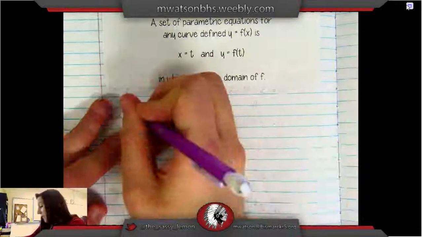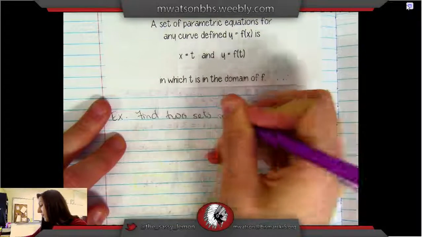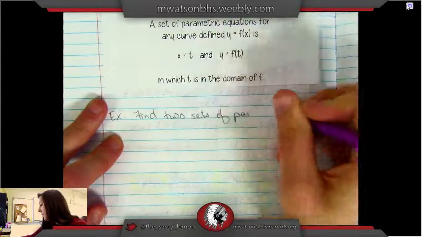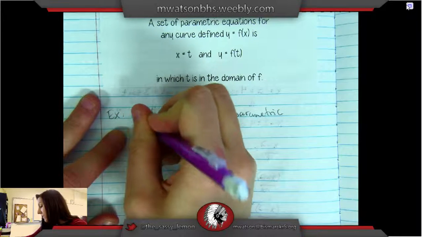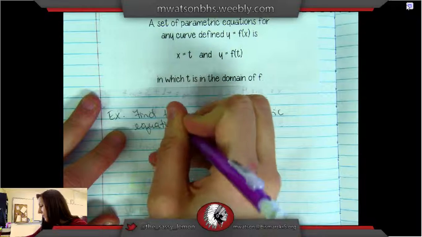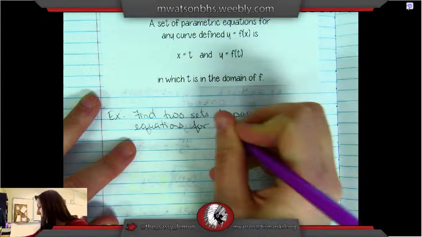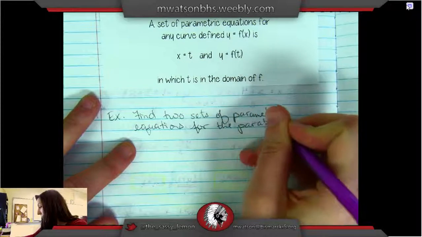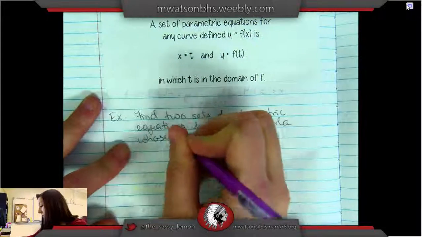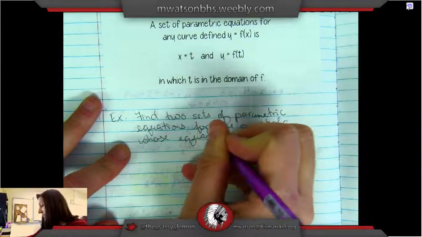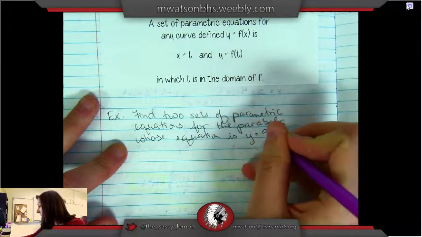So we're going to find 2 sets of parametric equations for the parabola whose equation is y equals 9 minus x squared.